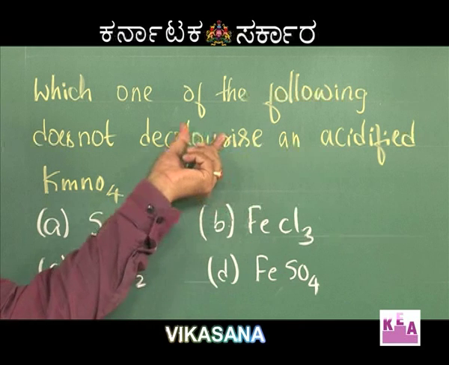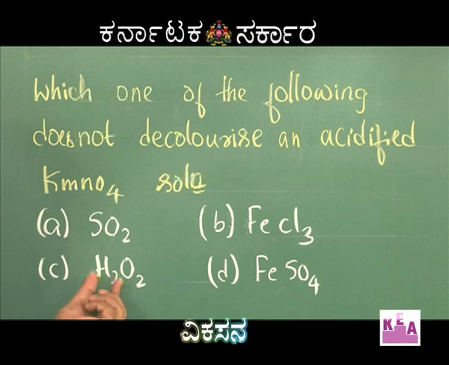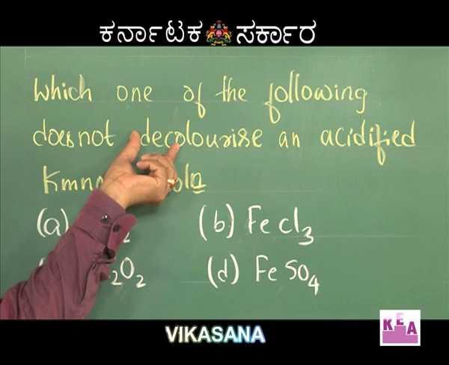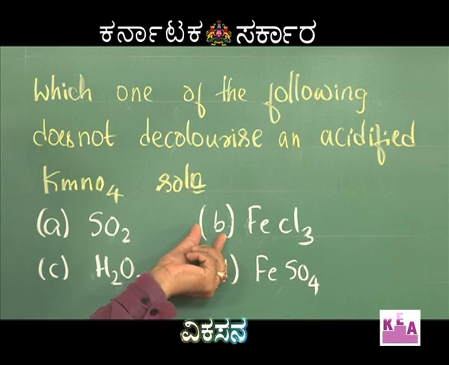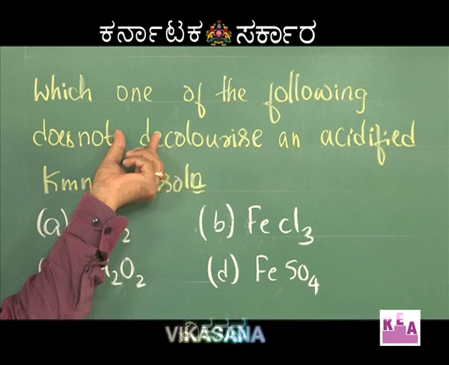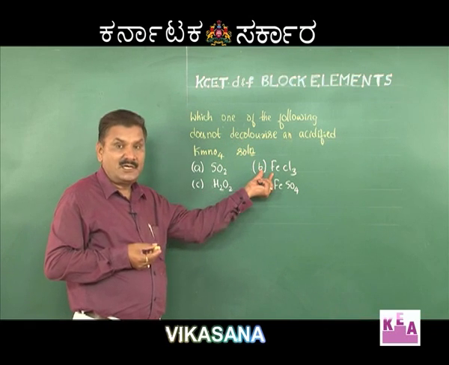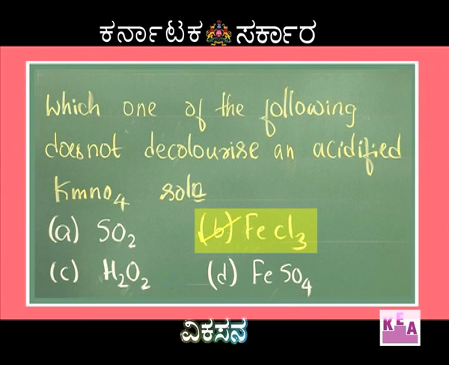It can decolorize KMnO4. Hydrogen peroxide can undergo oxidation. This acts as both oxidizing and reducing agent. So therefore, this can undergo oxidation and decolorize KMnO4. But ferric chloride having iron in highest oxidation state of +3 cannot decolorize KMnO4, or KMnO4 cannot act as oxidizing agent on ferric chloride. Therefore, correct option for this question is option B, ferric chloride.